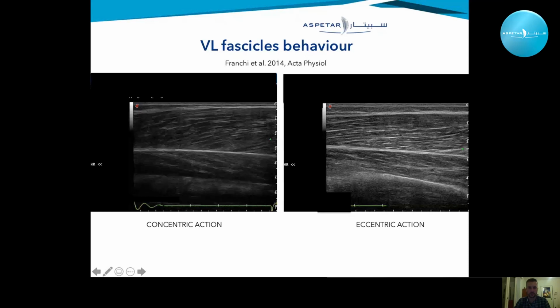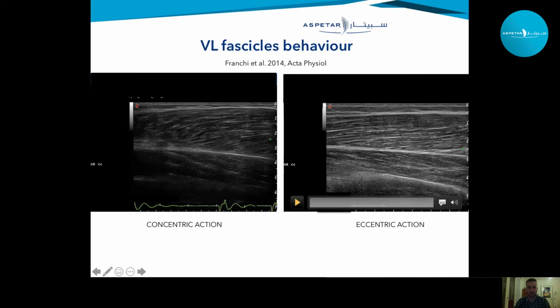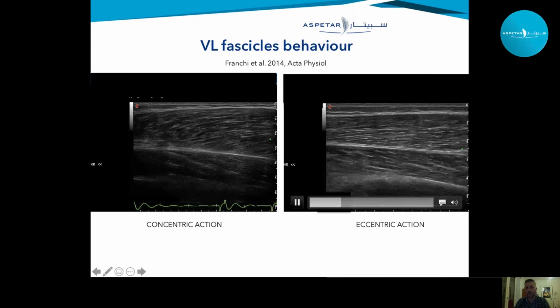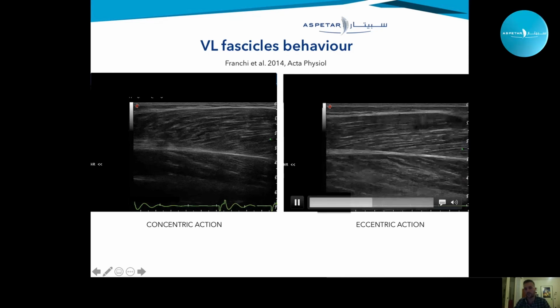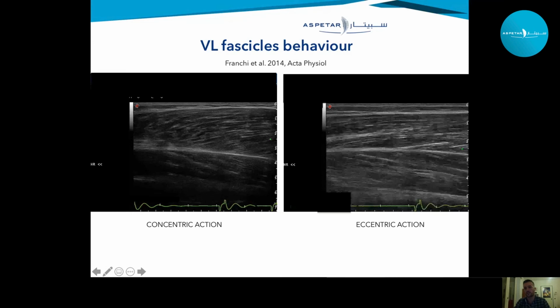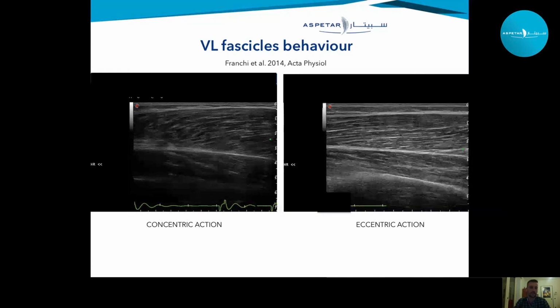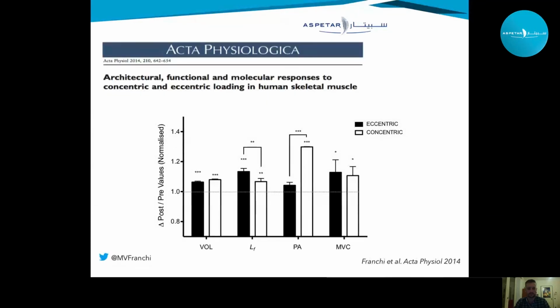So you can appreciate that there's a tilt in pennation angle and a shortening of the fascicle. And then during the eccentric action, during the lowering of the load phase, you can see that pennation angle doesn't change too much, but there's a sort of elongation of the fascicle. And it was probably not rocket science, but when you apply these two different mechanical stimuli for 10 weeks, this is what you get.